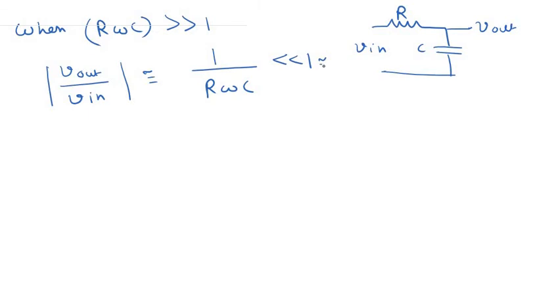So this is approximately equal to 0. Okay, so V out divided by V in is approximately equal to 0 here.